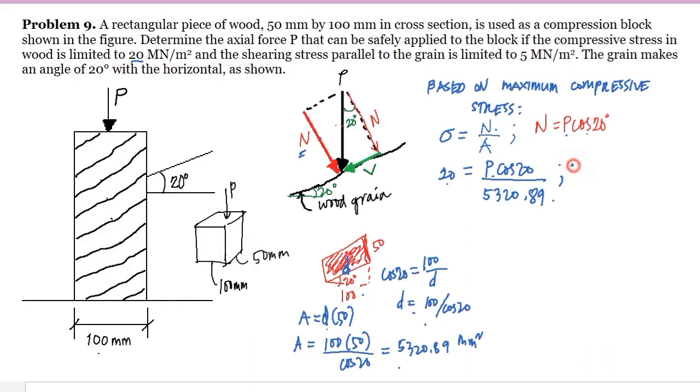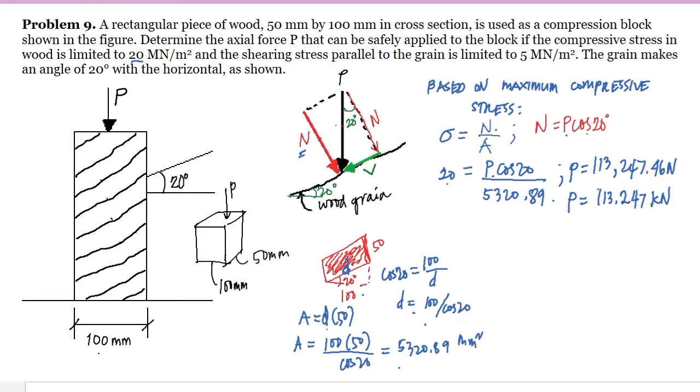So P is equal to 113,247.46 Newton. If we are going to express this in kilonewton, divide this by 1000, so we have 113.247 kilonewton.